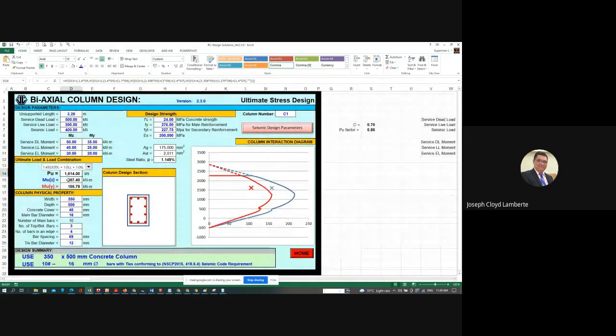With MZ and MY. So I intentionally use Y and Z kaysa dito sa STAAD kay Y ug Z magud, ang X kay along magud sa length sa column, perpendicular to this section. So perpendicular to this mao yung x-axis, local x-axis. So kani siya bali is local Y and local Z axis. Ang y-axis niya is kanang red, ang z-axis is kanang blue. So the same ang ilang actual load, repeat, 1,600.